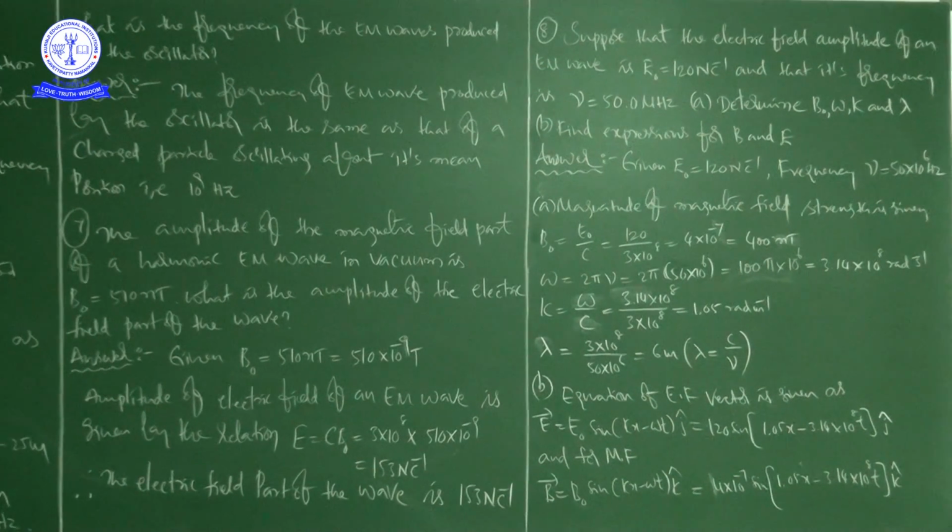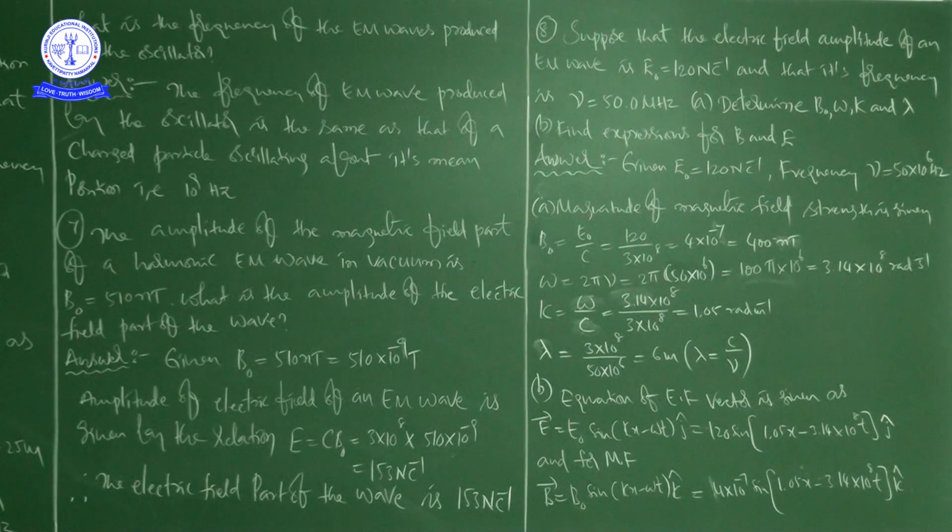There are two things. A is determine B naught, that is the amplitude of the magnetic field part of a harmonic electromagnetic wave.